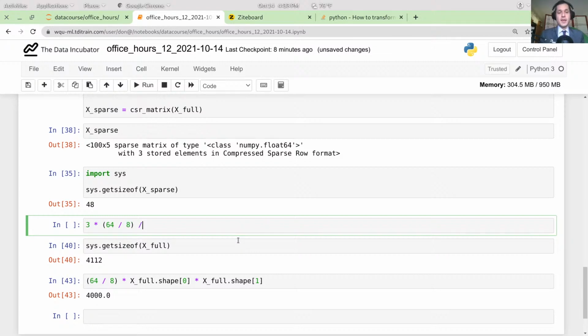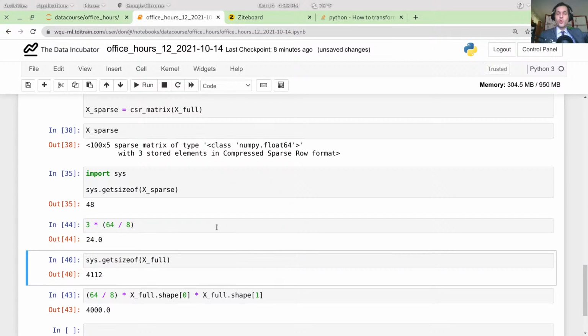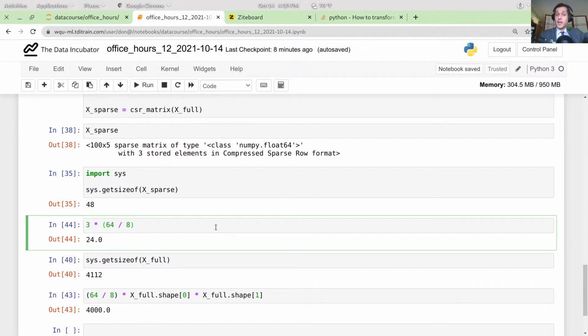That's 24 bytes the numbers take up. And we are going to add the locations. The locations also take 24 bytes. So we get 48. We're able to explain where we got our number from.